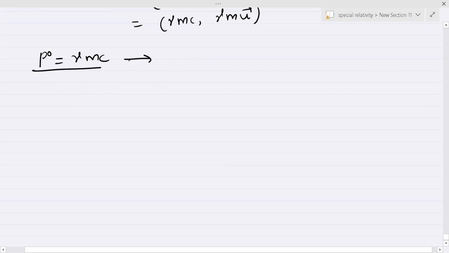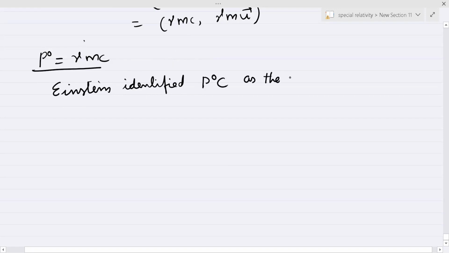This is the temporal part, and we'll just say that Einstein identified P0c as the total energy of the particle. We can say it is the relativistic energy.